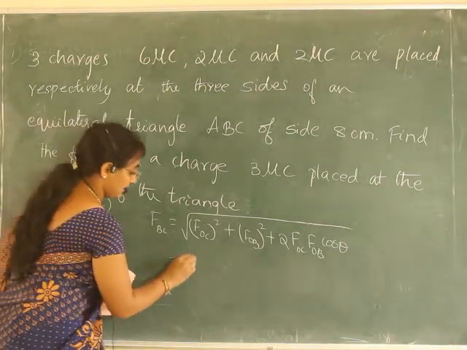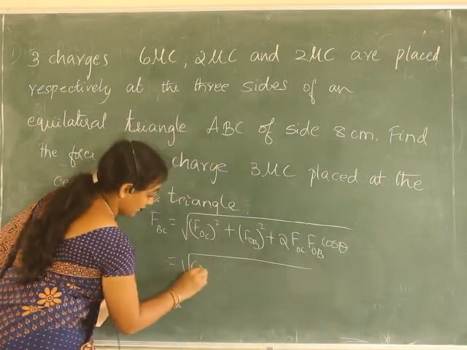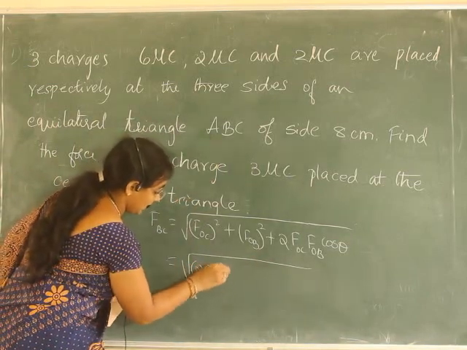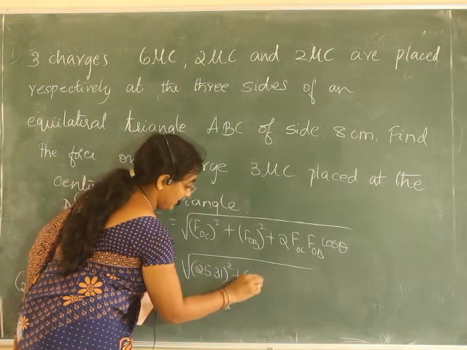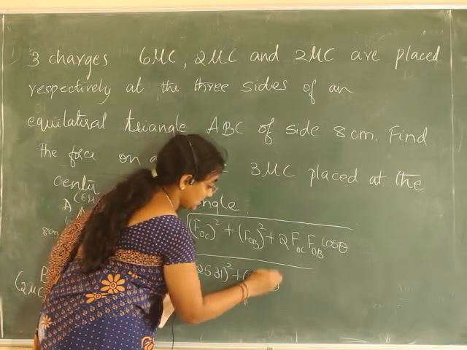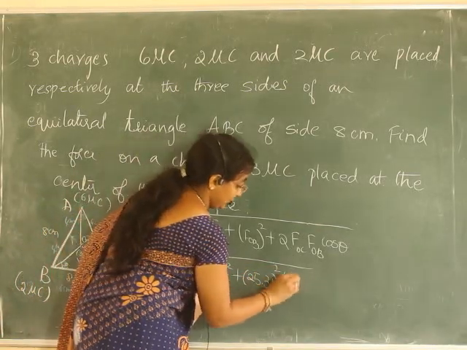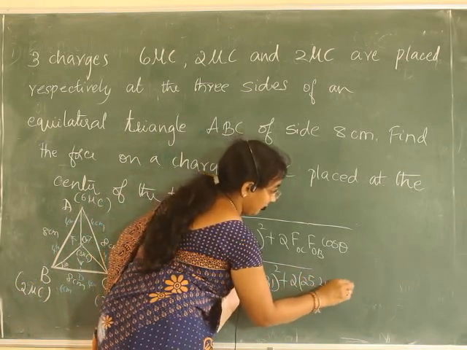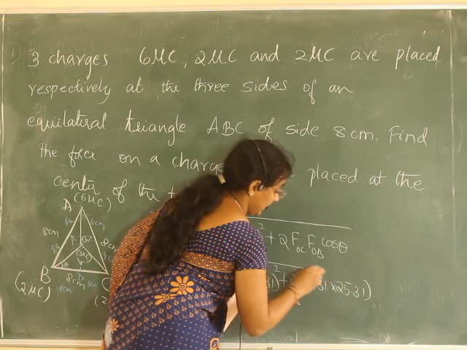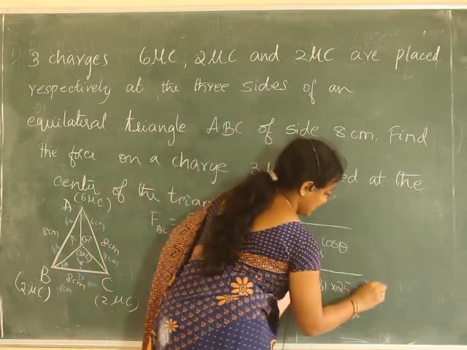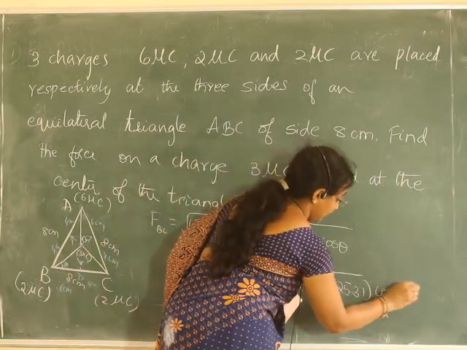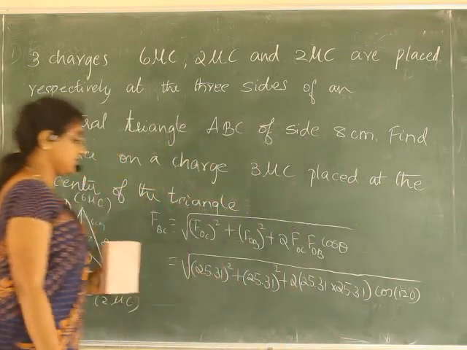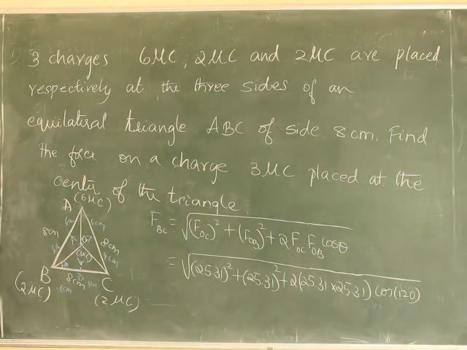So if I substitute, how much did we get? 25.31 square plus 25.31 square plus 2 into 25.31 into 25.31 into cos 120. Solve this.